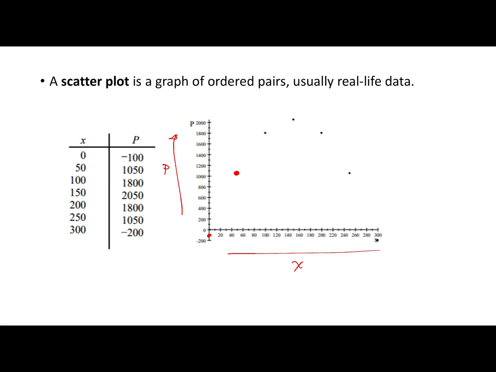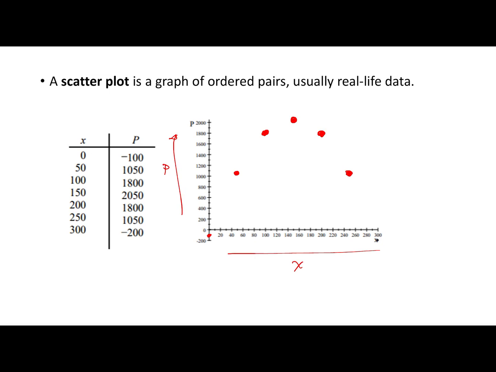We have 100 on the x-axis, and we go up to 1800 on the graph. Just keep on rolling. 150 to 2050, and 200 on the x-axis goes to 1800. 250 goes to 1050. So right up here.